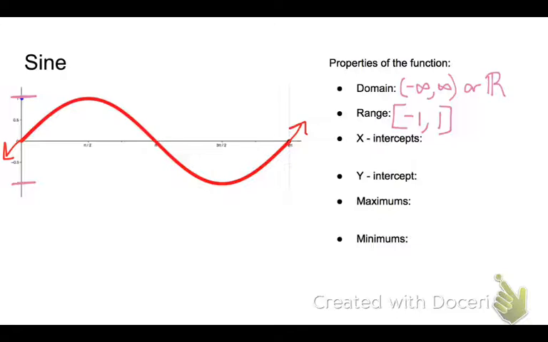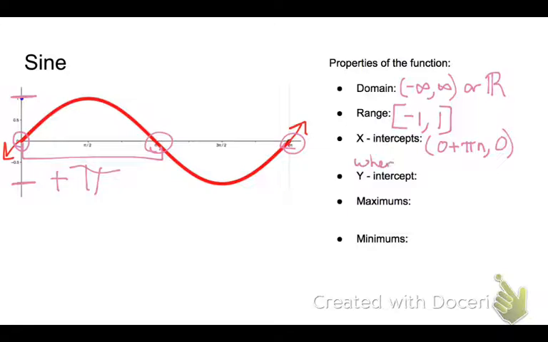Just like my cosine function, there are multiple x-intercepts for the sine function, and they are pi units apart. So for the x-intercept, we'll start at 0 plus pi times n, comma, 0, where n is an integer.